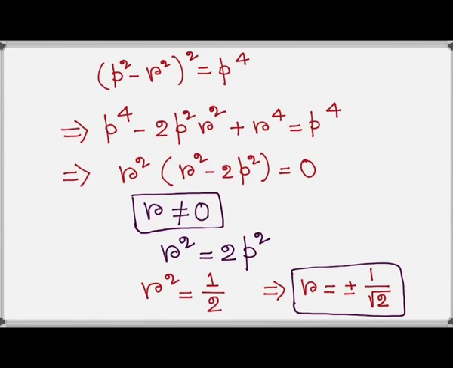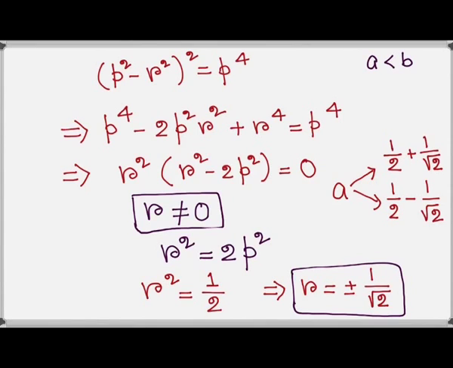So for A we are getting two possibilities, 1 by 2 plus 1 by square root of 2 or 1 by 2 minus 1 by square root of 2. Now recall that we are given A is strictly less than B and B is strictly less than C, and the value of B we know already is 1 by 2.